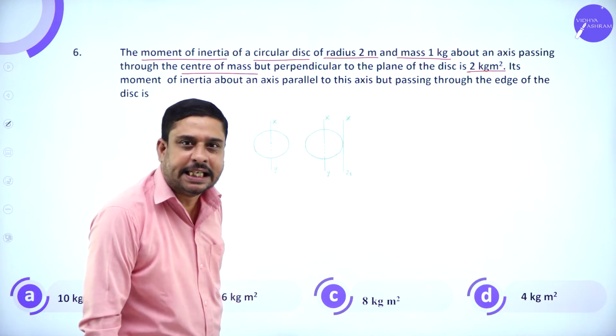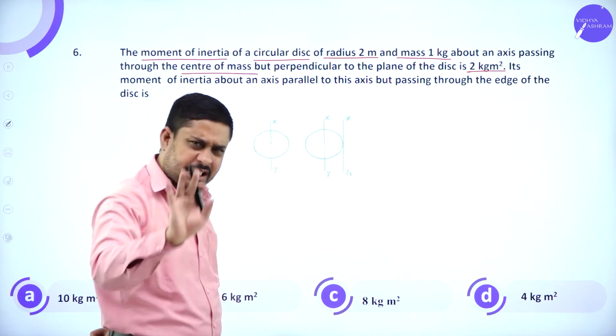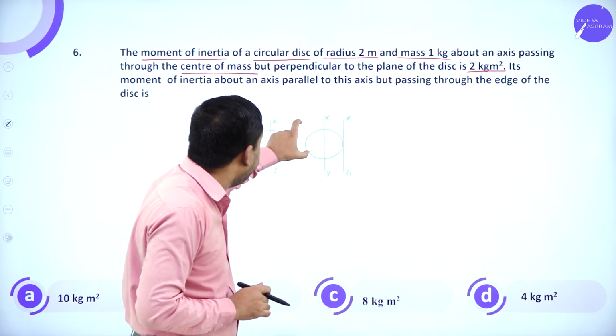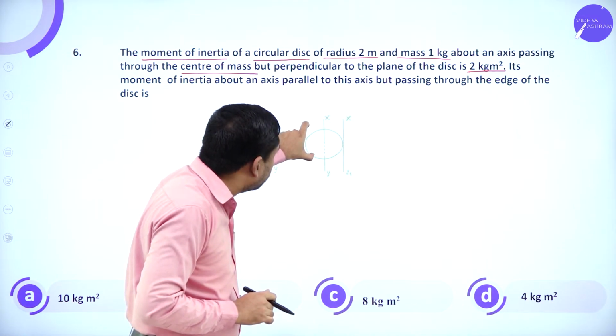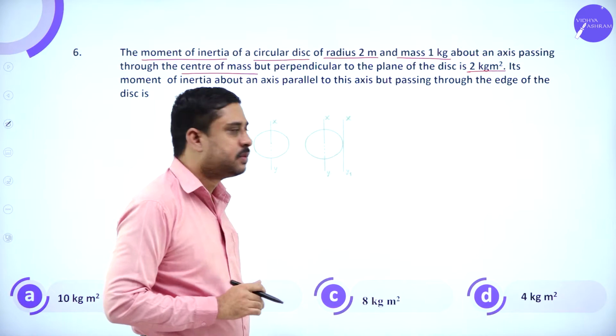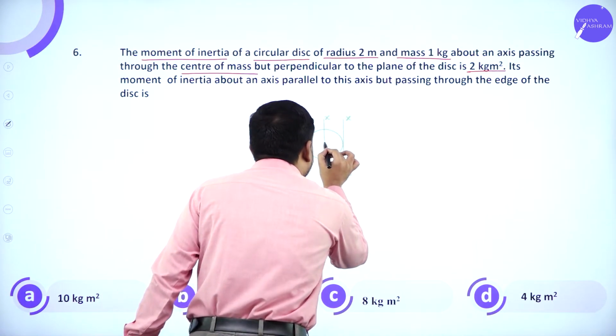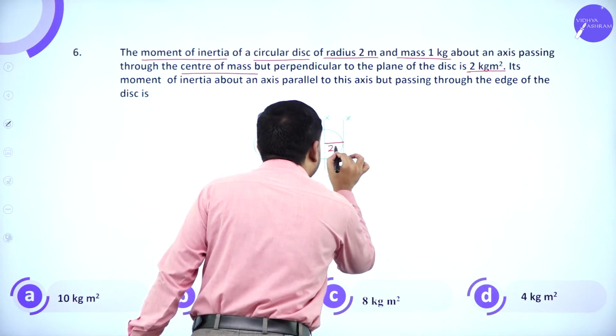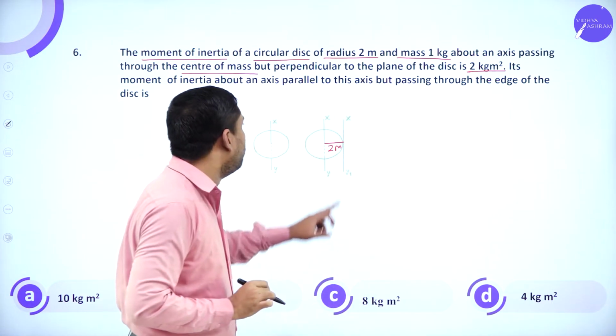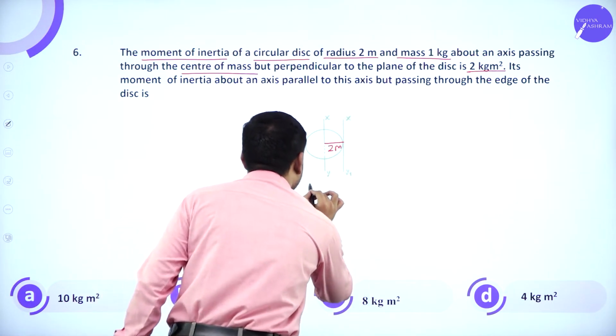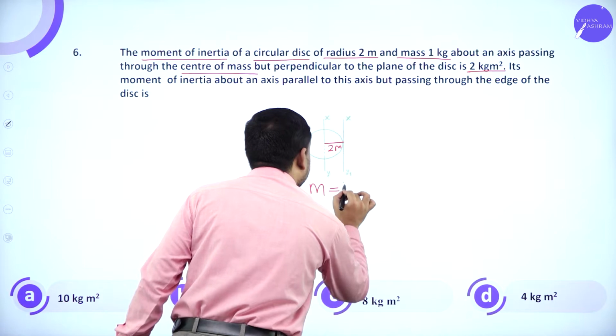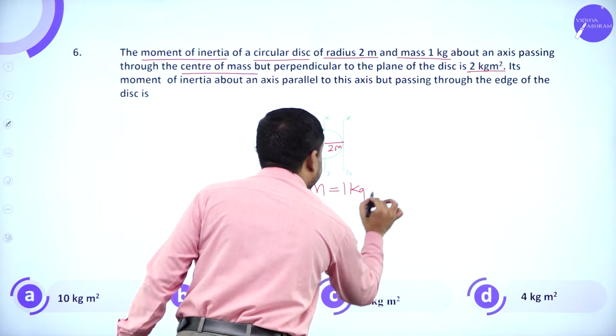Simply, what they are saying is that here is a circular disk. The radius of the disk is 2 meters. Mass is 1 kg.